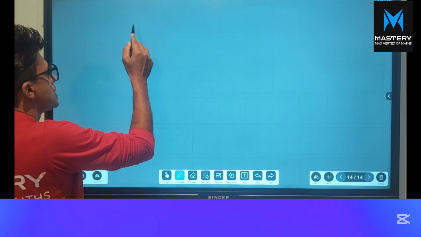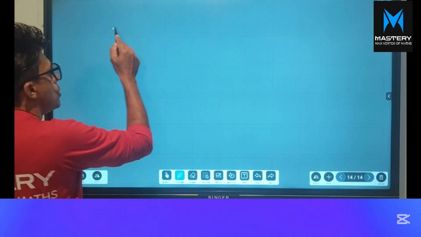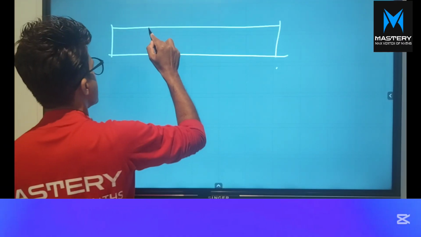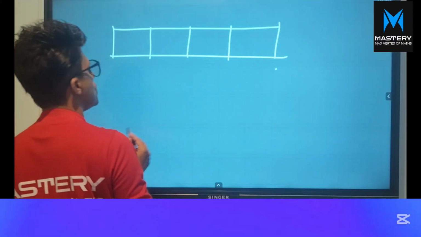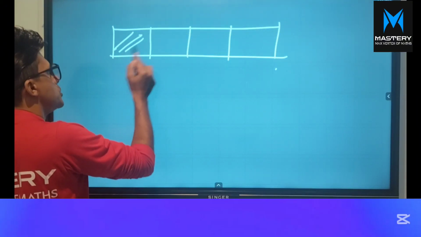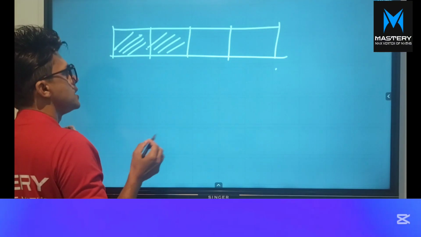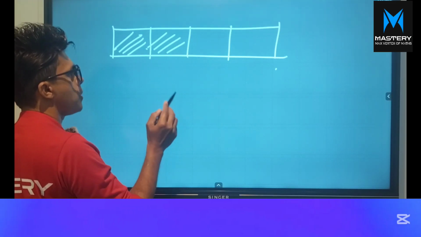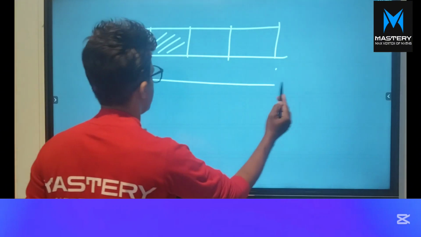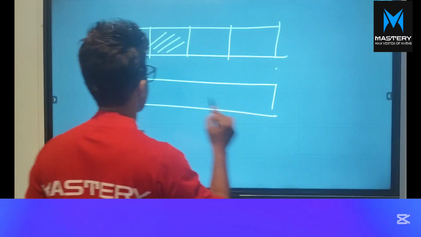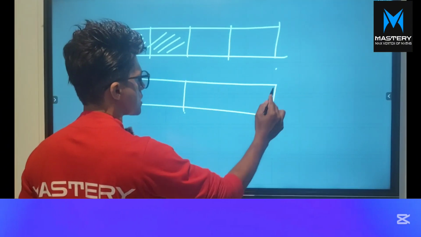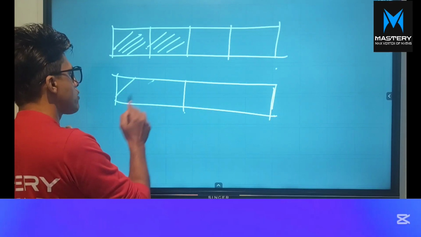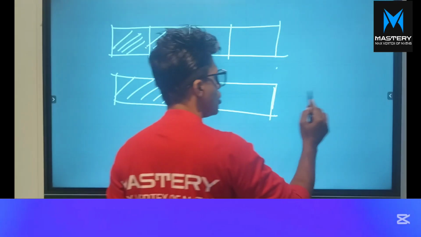Then I'm going to divide this. What I am doing here: 1, 2, 3, 4. This means the whole segment is divided into two equal parts, which is 1 over 2.